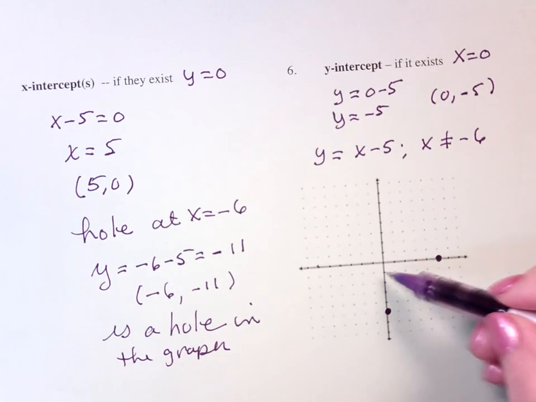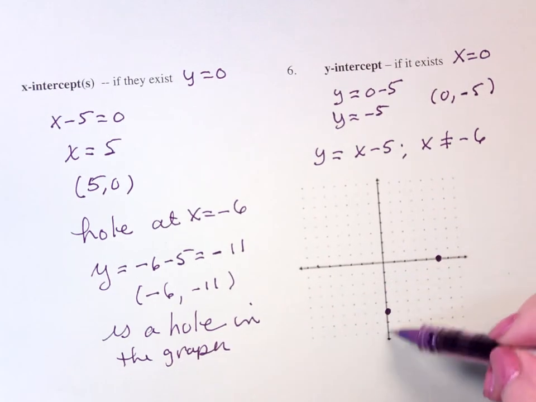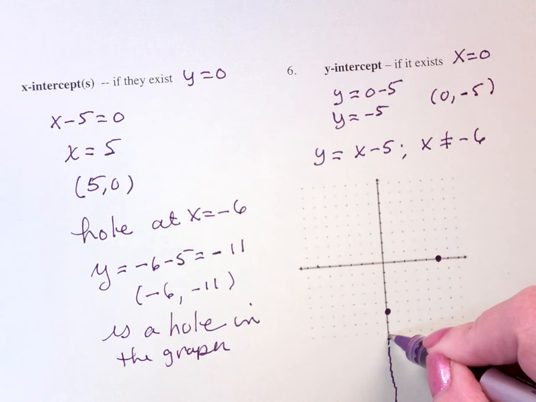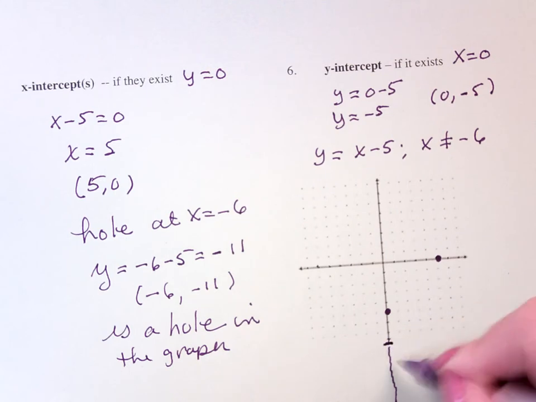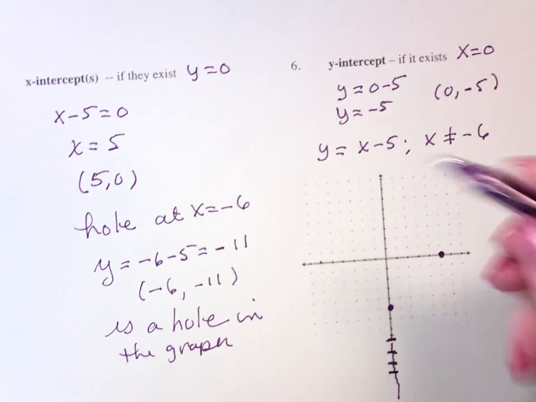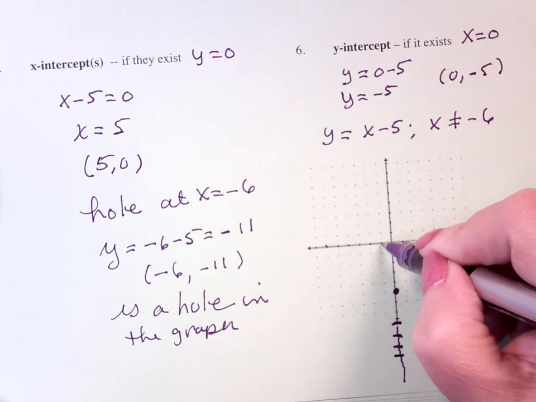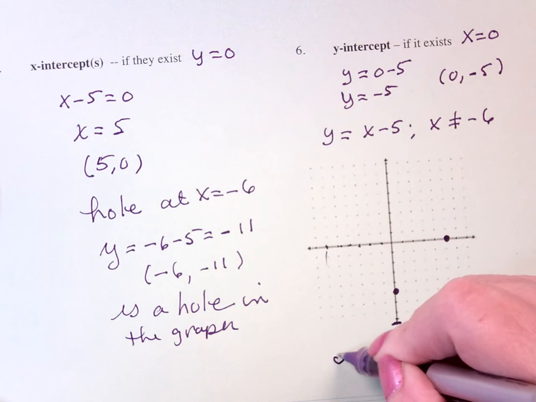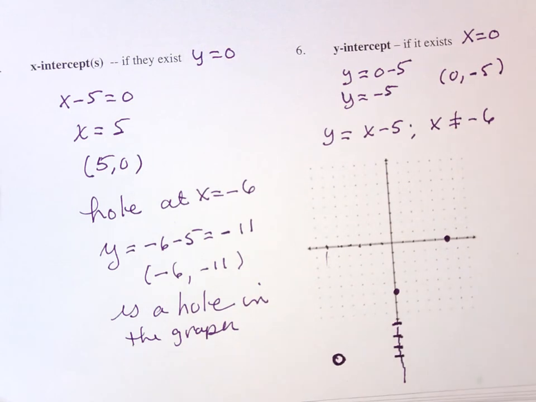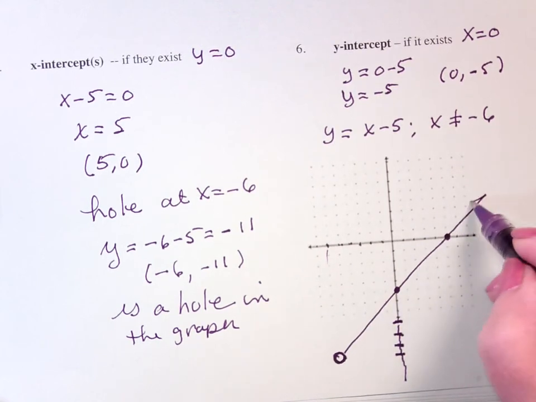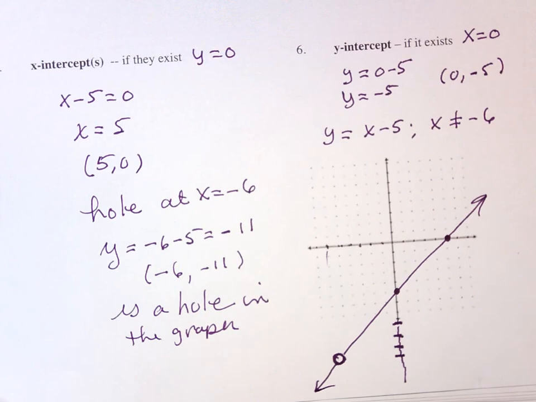So let's see. 1, 2, 3, 4, 5, 6, 7. This guy's going to go down further. This is always the problem with these guys. 7, 8, 9, 10, 11. So negative 6, negative 11, there's a hole right here. And then I connect the dots. He's just a straight line with a hole in him.